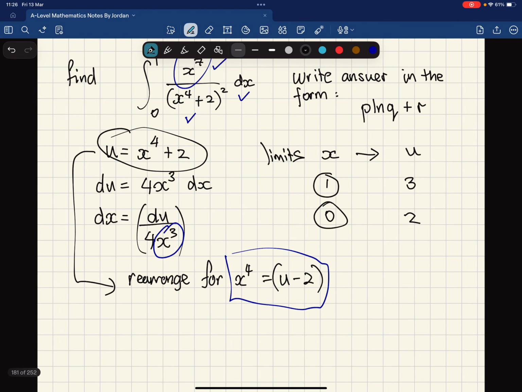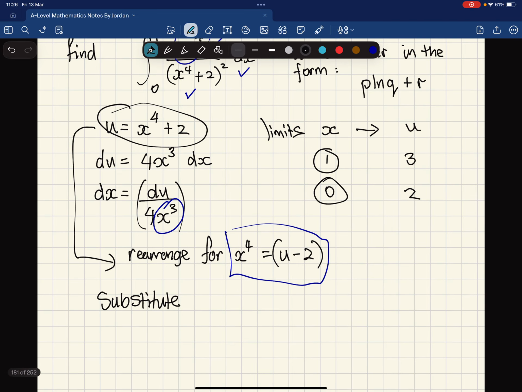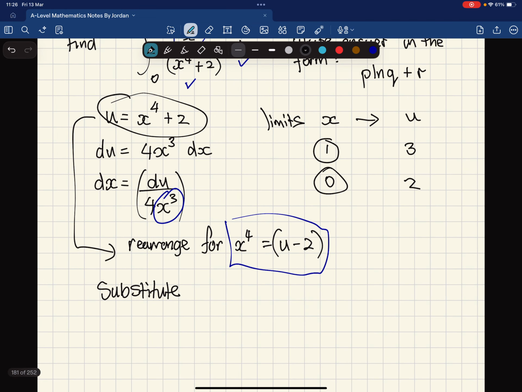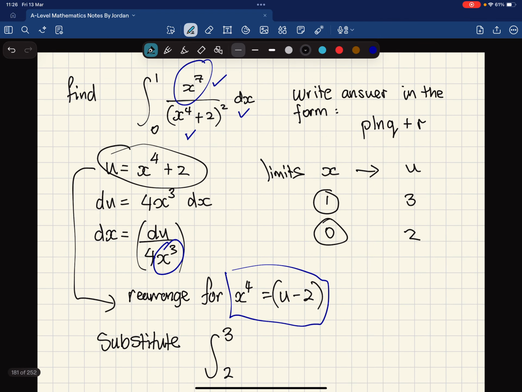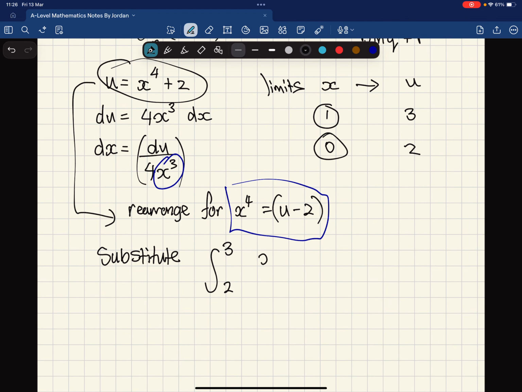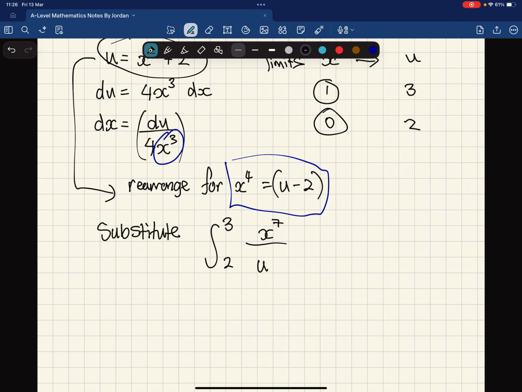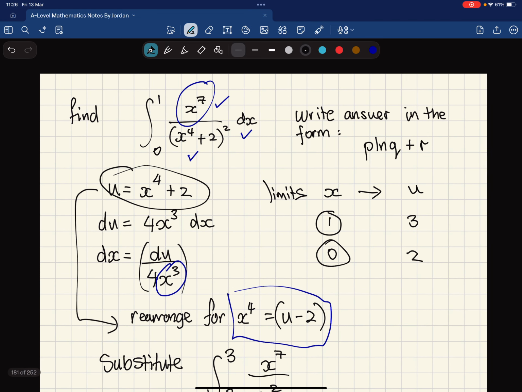So let's now substitute. Okay, so the limits are going to change first into 3 and 2. Then we have x to the power of 7 at the top, which I'll just keep for now. At the bottom we have, remember, u is going to be substituted in this bracket, so that's u squared, and then dx.